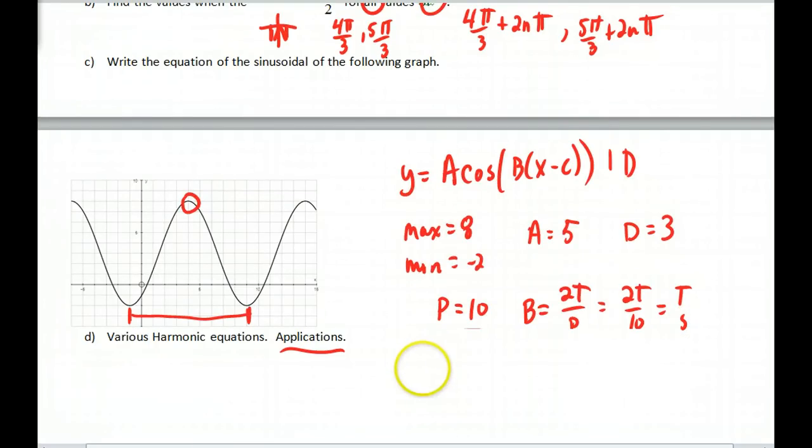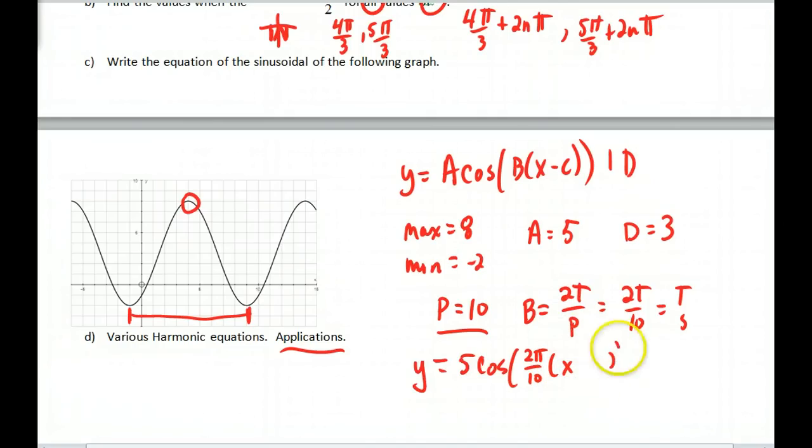And so this would be y is equal to 5 cosine B, which would be 2 pi over 10, or else you could go pi over 5, x minus c. And then I go plus d.